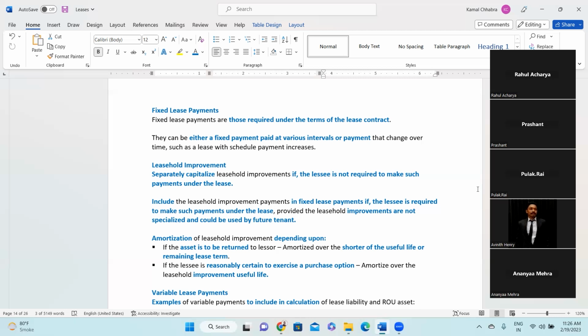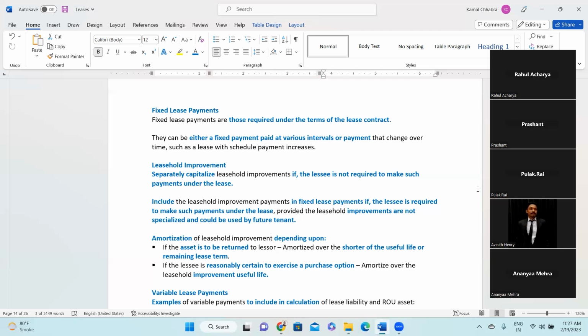They can just put their signboard and start using it. In that scenario, the lessor has invested, so they have a right to capitalize the leasehold improvement, and they are charging additional rent on it as a furnished apartment or furnished property. Make sense?